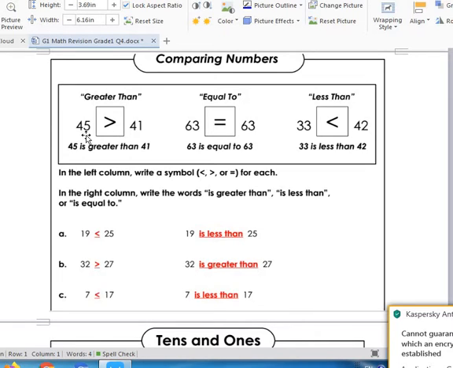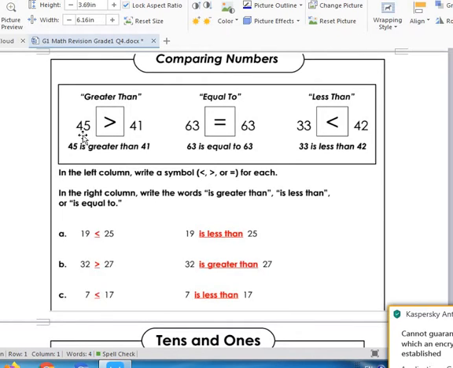Do you remember, in the number 45, 5 is the ones and 4 is the tens. So when we compare, we start with the greater place value. Is ones greater or tens? Of course tens.